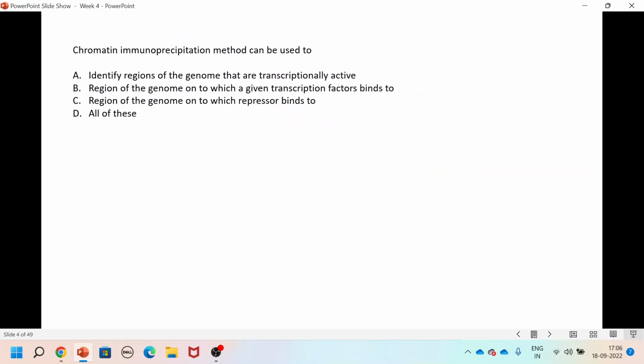The next question is: chromatin immunoprecipitation can be used to identify the regions of the genome that are transcriptionally active, that is the chromatin dynamics, whether it is acetylated or methylated; second, the region of the genome to which a given transcription factor may bind; option C, the region of the genome to which a repressor binds; and option D, all of these.